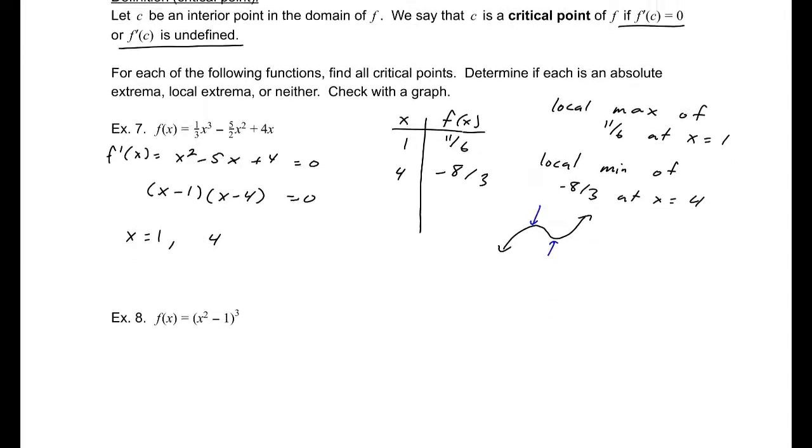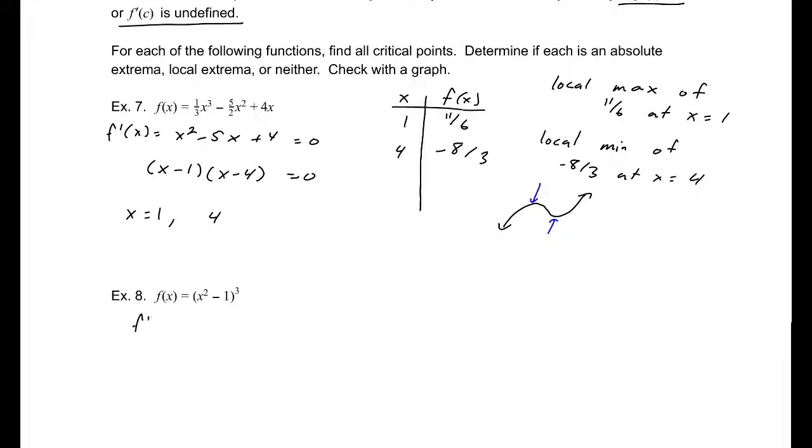All right, number 8, f prime of x. The derivative of that would be 3x squared minus 1 with our chain rule of squared times 2x. Now, setting that equal to 0, we can see that we're going to have x equals plus or minus 1 from that term there, and x equals 0.